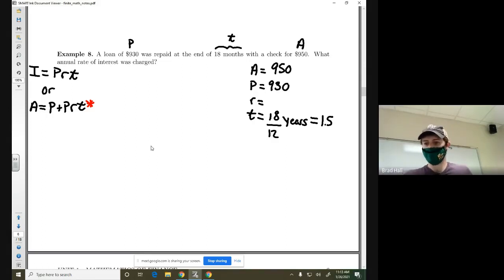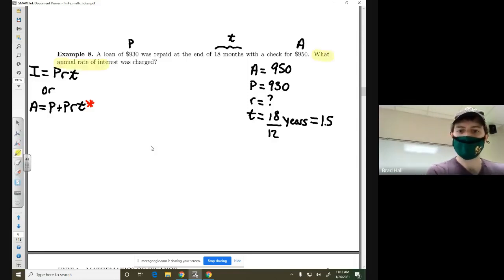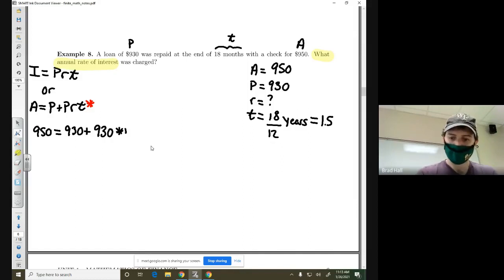Really, by process of elimination, R has to be the unknown, which is also characterized by what annual rate of interest, what's the rate? So we know all of our values. A is 950, P is 930, another P, so another 930, times R times the time, which is 1.5.